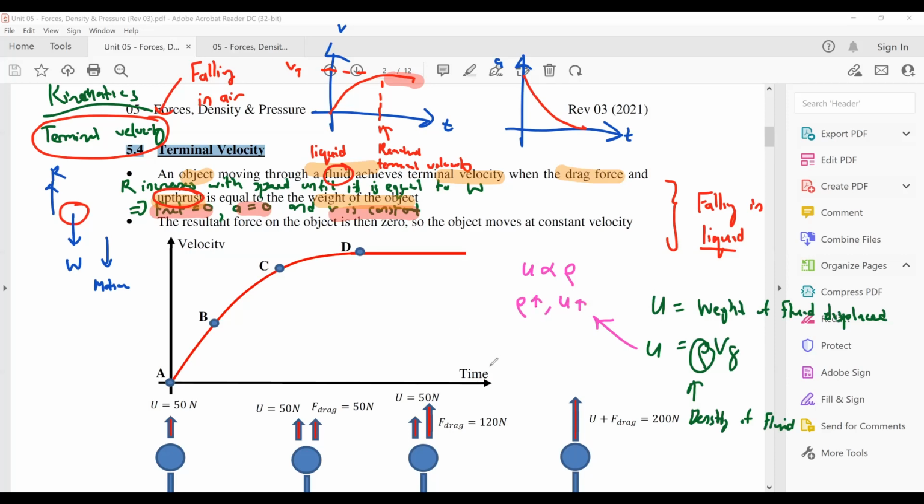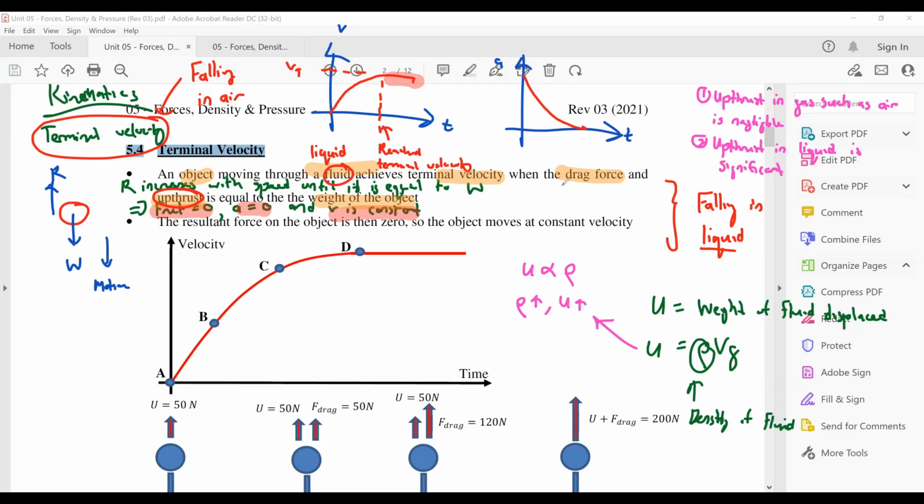So what we'll tell you here is that upthrust in gas such as air is negligible, but upthrust in liquid is significant.